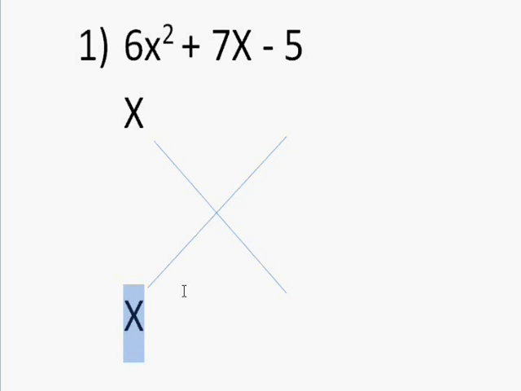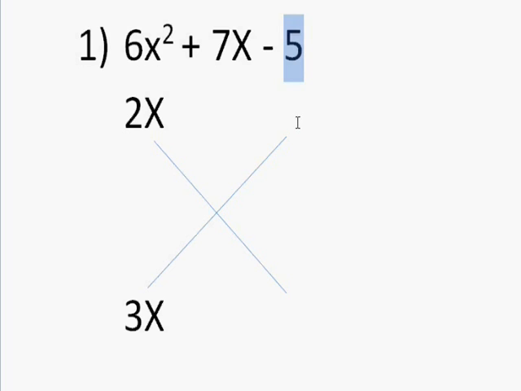And then we'll go to this coefficient 6. So 6 could be written as 1 times 6 or 6 times 1. But we'll choose to write 2 times 3. Otherwise it won't produce the correct factors. And then we'll go to this one, it's minus 5, and in this the 5 could be written as 1 times 5.